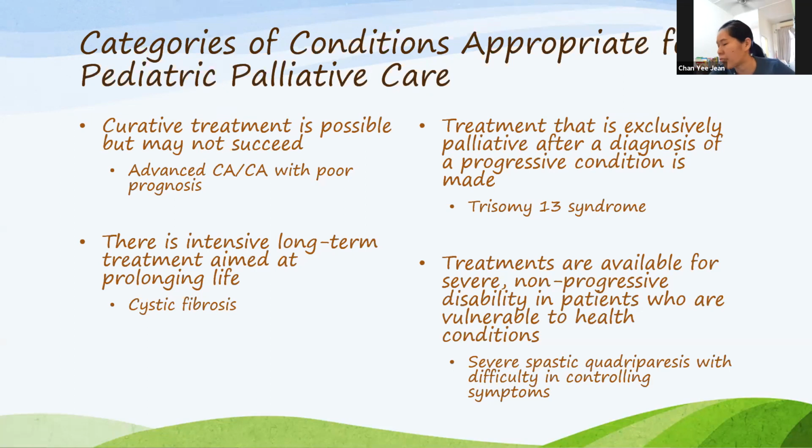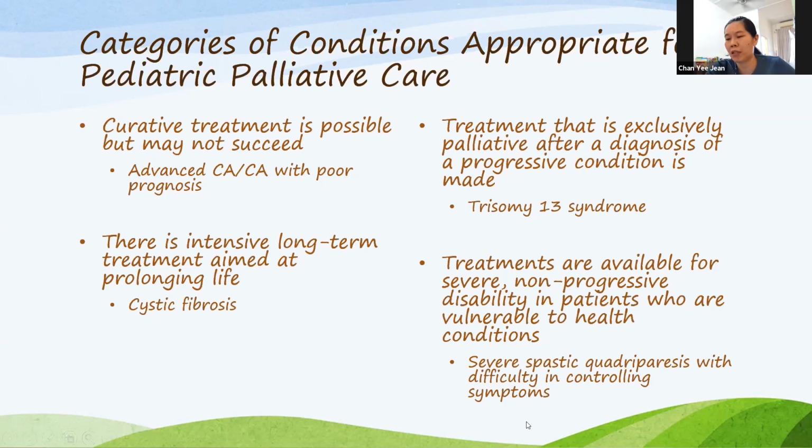And any advanced cancers, right? Sometimes there's treatment available, but sometimes you have to weigh the possibility of the child recovering versus all the side effects that the child may go through. If the possibility of a child recovering is very, very low, and the child might not have a good quality of life by going through the treatments, chemotherapy and radiotherapy are no joke, isn't it?